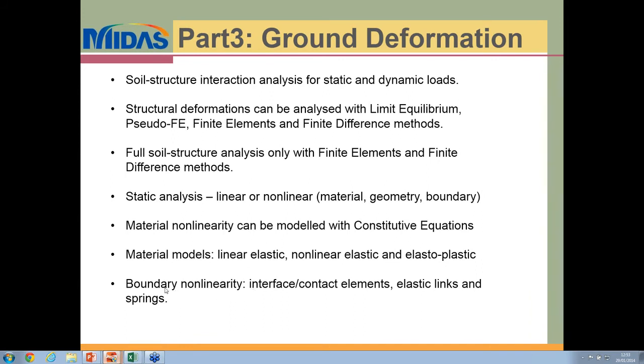And in terms of modeling the boundary nonlinearity, you can either use interface or contact elements for the full soil structure interaction, or you can also create links with some material stiffness between two nodes, or you can also assign springs with stiffness values.